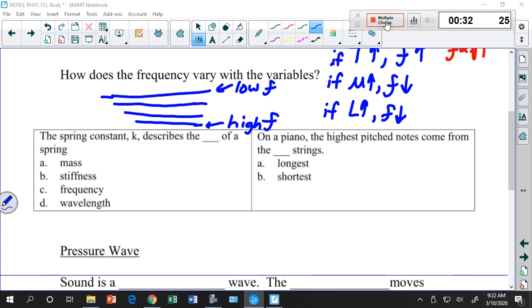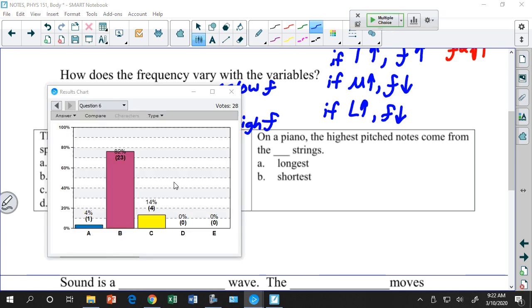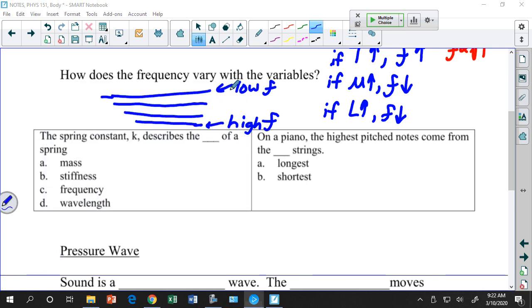Okay, let's stop at 37. Okay, good. B is right. The spring constant describes the stiffness of the springs. Like the springs on your car have a much higher spring constant than the little spring in your clicky pen. It's just a much stiffer spring.